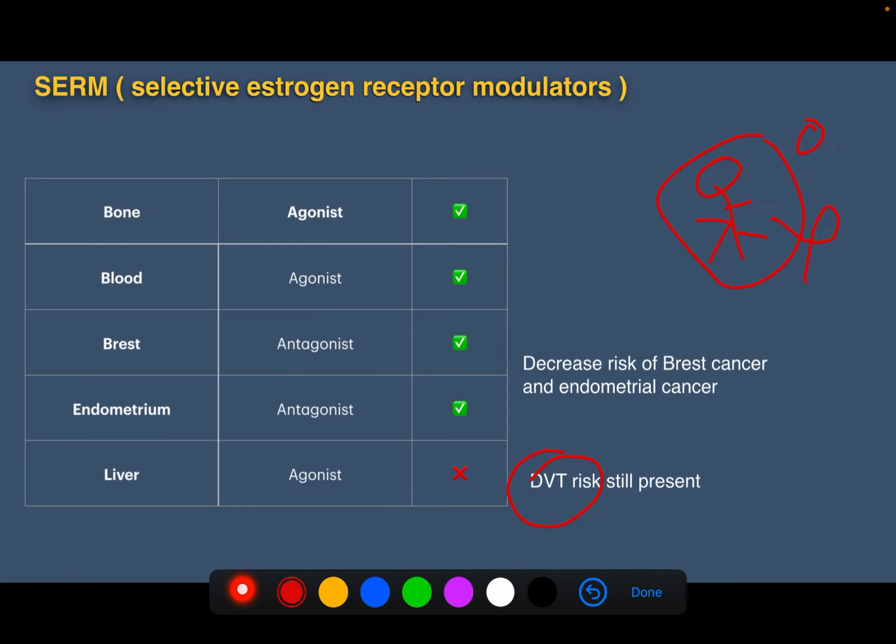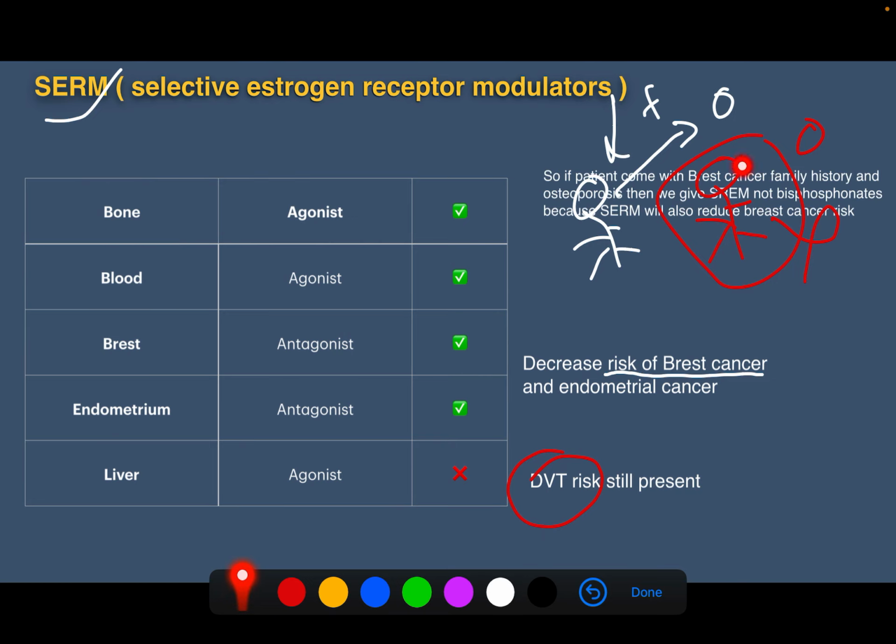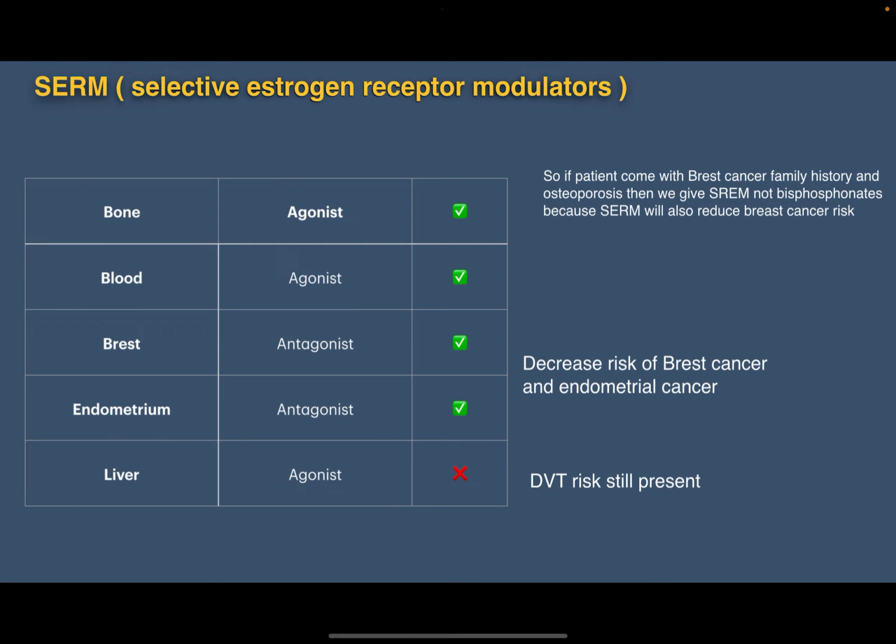But to whom can we give it? Let's say a female has a family history of breast cancer, and now she has osteoporosis also. So now I will give selective estrogen receptor modulators, because they decrease the risk of breast cancer also. So SERMs are given in females with breast cancer risk. Done.